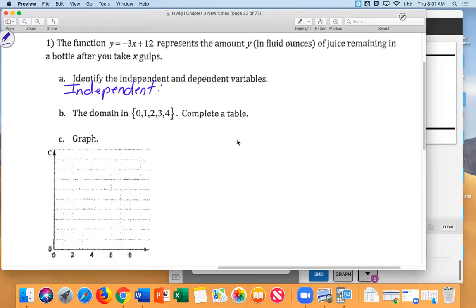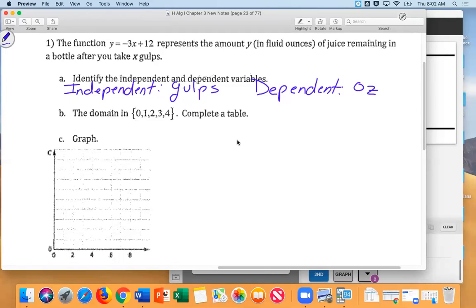Independent from that first slide, I believe on Monday, was associated with the letter X. So independent variable is gulps. And dependent is, I'm just going to put ounces. OZ.